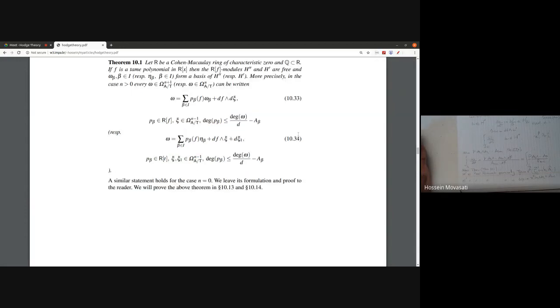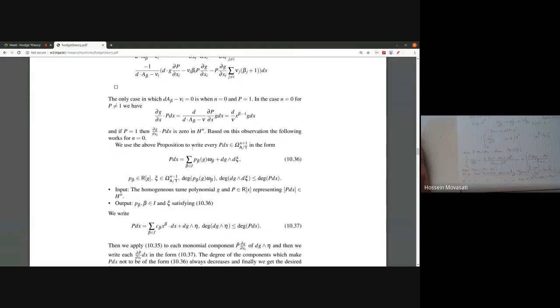And the proof is purely computational, in the sense that I have even implemented the proof on the computer. So whenever I have an element in the de Rham cohomology, it's possible to compute the basis. Next lecture, I will explain this. I will not even try to write down the proof, because even I myself have forgotten the proof. But the good point is that I have implemented the proof on the computer.